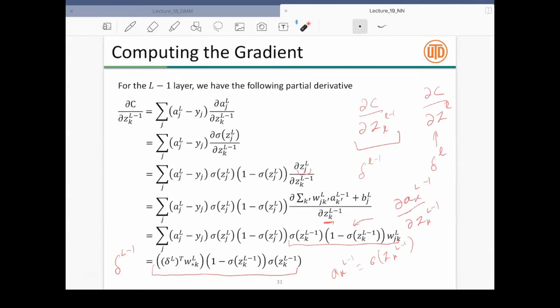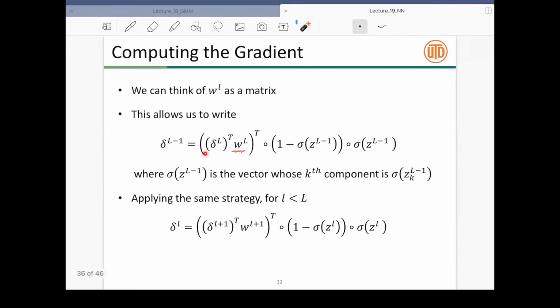this term as a multiplication of the gradient of L, the previous gradient, by this weight matrix transpose, okay? And then you do this element-wise multiplication with 1 minus sigma of z, where z is the L minus 1 output, multiplied by sigma of z^(L-1) again.